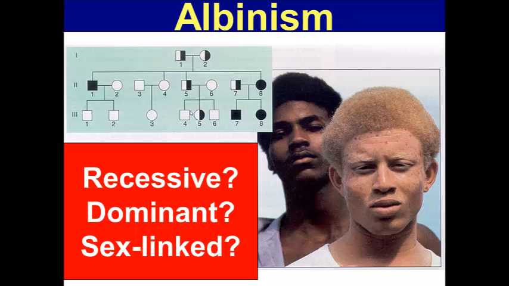So you have two recessive individuals producing one affected male, one affected female, one carrier male and one unaffected female. This would indicate to me that it is not sex-linked and it is recessive, because you cannot be a carrier with a dominant condition.